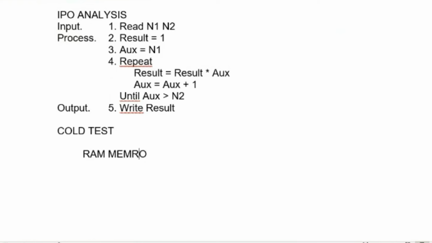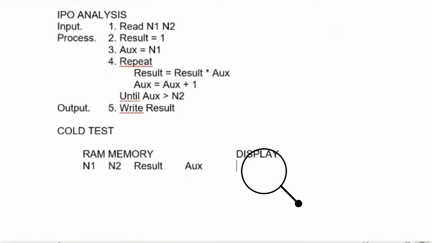Now let's see the equal test. RAM memory and then display. Okay. So variables n1, n2, result, and aux. Step number 1. Read n1 and n2.